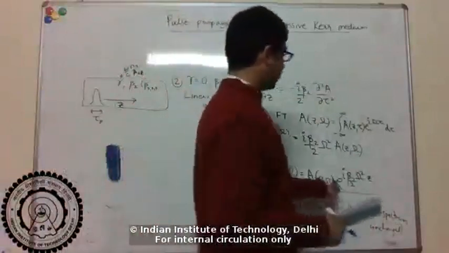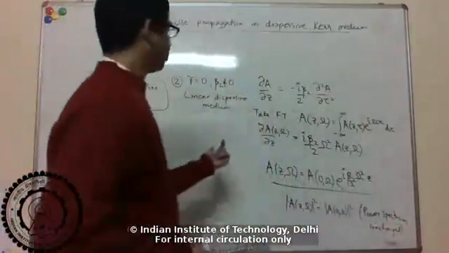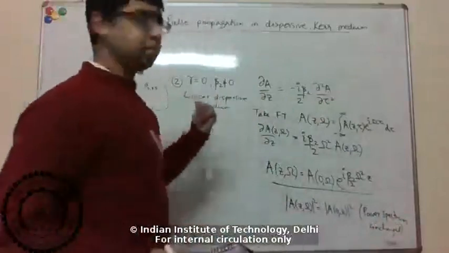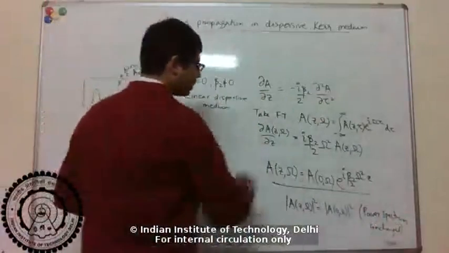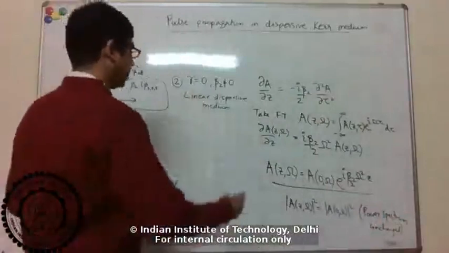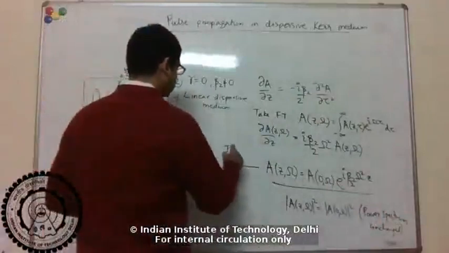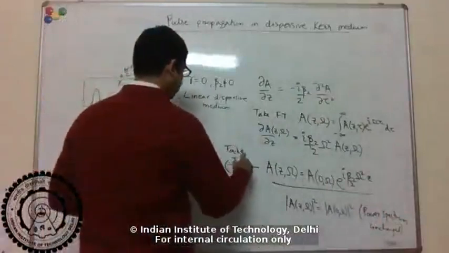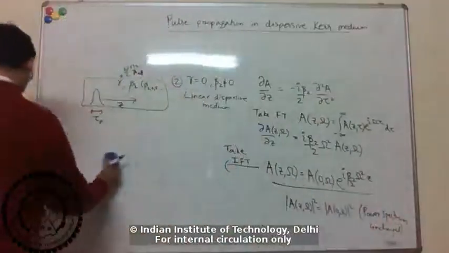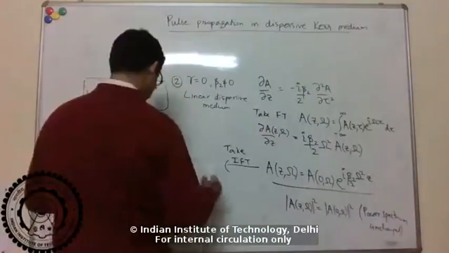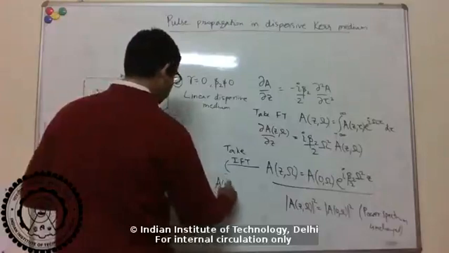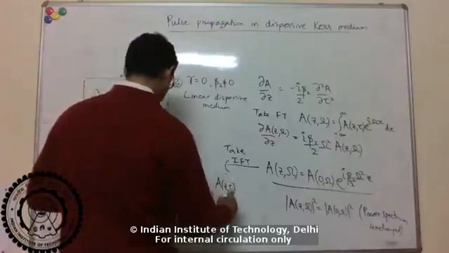So this is a solution in frequency, right? But of course, we're interested in how the pulse looks in time. So then we have to take an inverse Fourier transform, which is basically go back to A of tau.